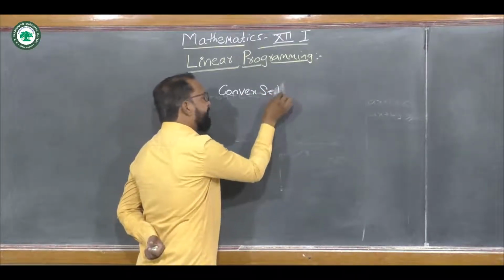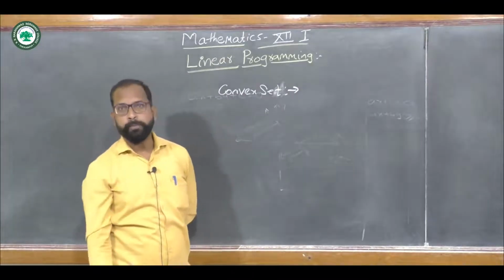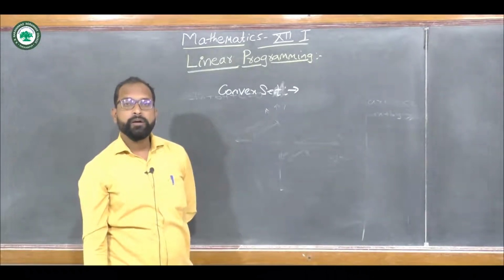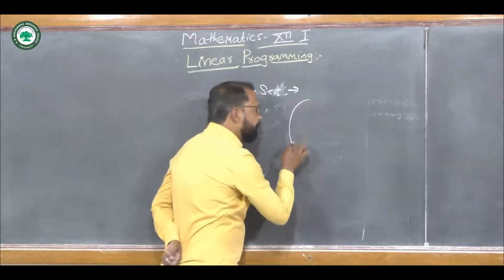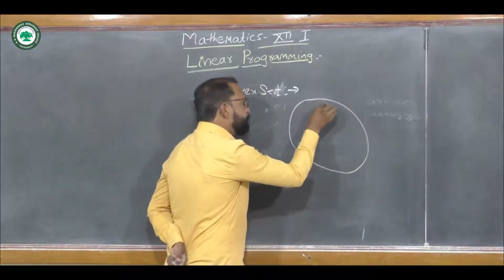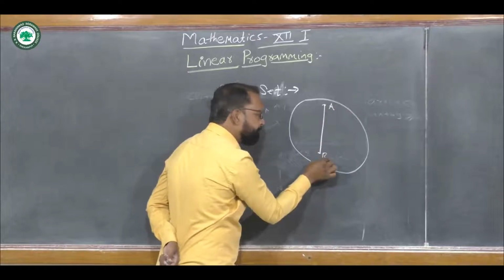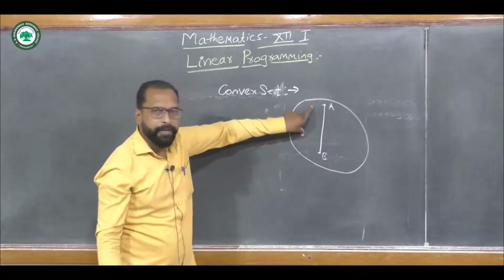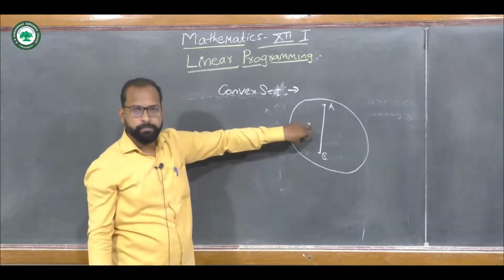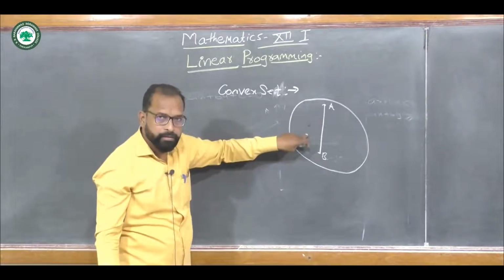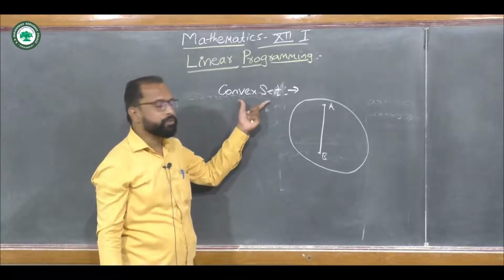A convex set is a collection of all points of a plane such that if we join any two points, say A and B, by a line segment, and that line segment wholly lies in that collection or figure, then that set of points is called a convex set.